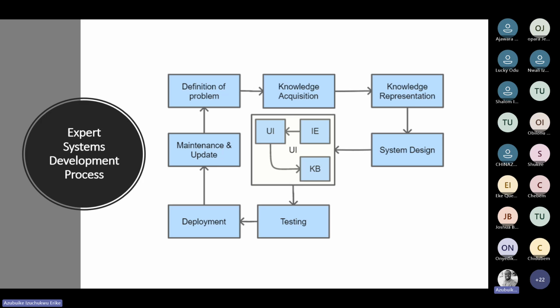Now, the next thing is to test the system to see if it is actually working well. How do we know that an expert system is working well? We are going to compare the output of that expert system with the knowledge of the domain experts. That is an evaluation process.